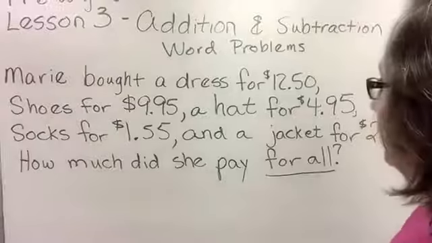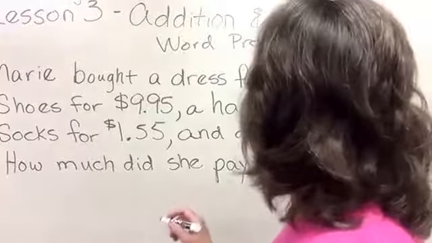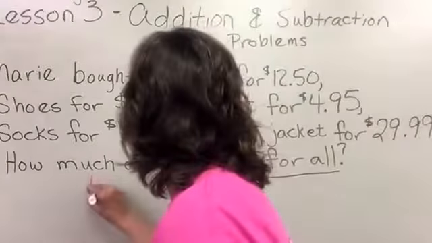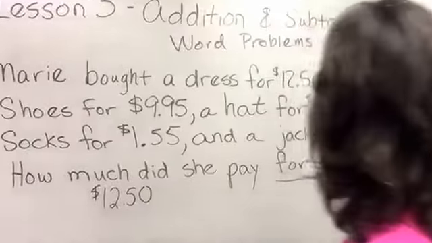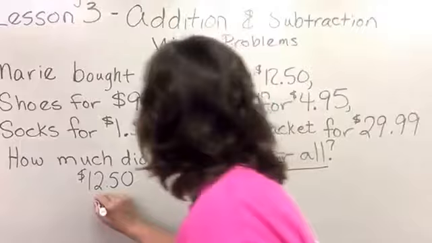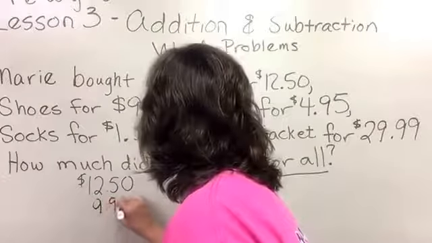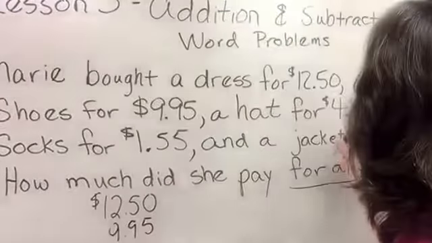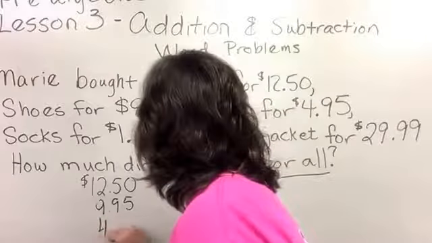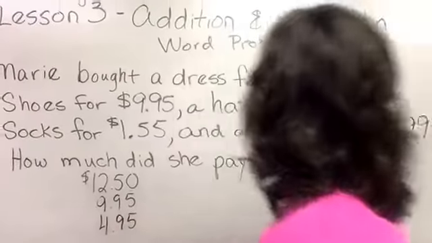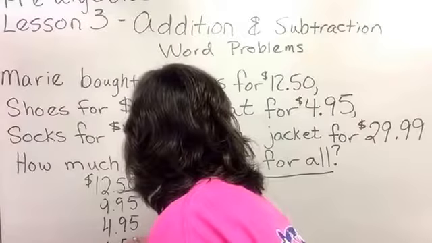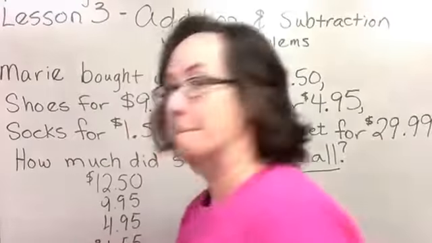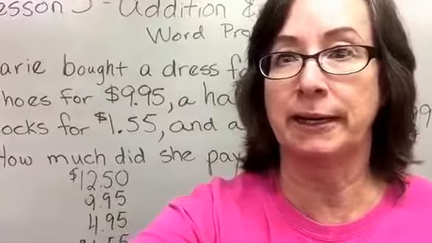So here we go. We're going to have $12.50 and we're going to add $9.95 and we're going to add $4.95 and $1.55 and we're about to run out of board here.